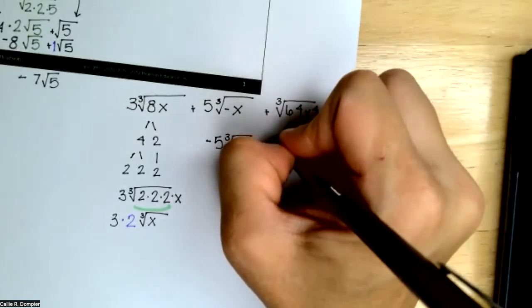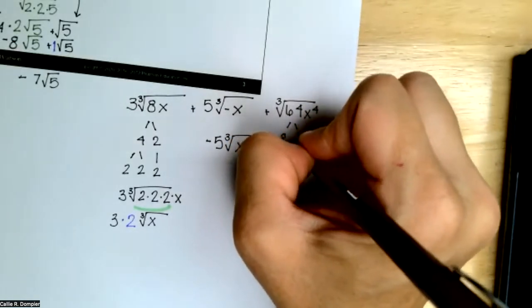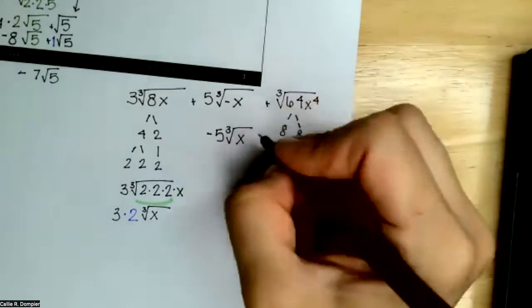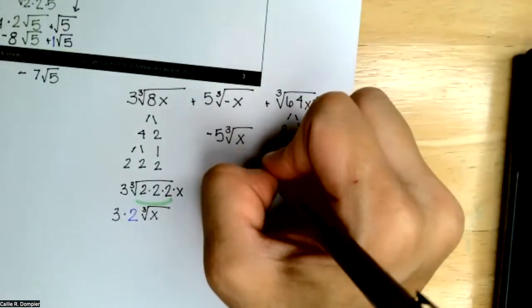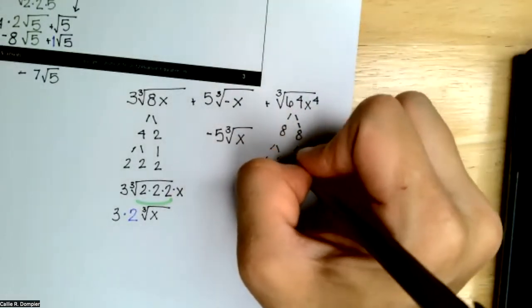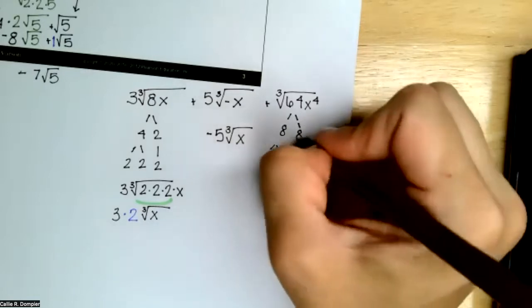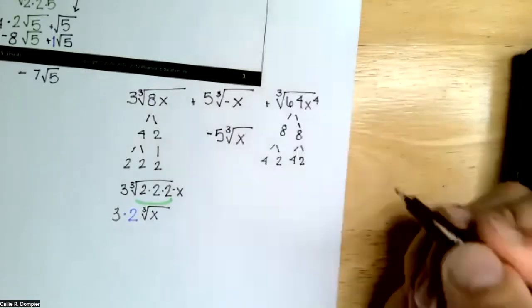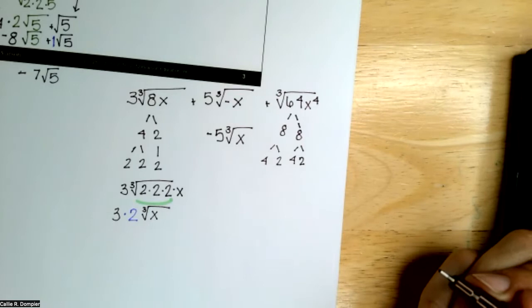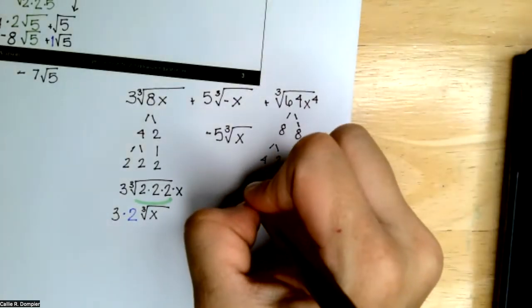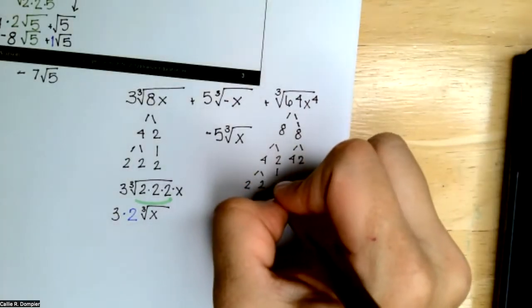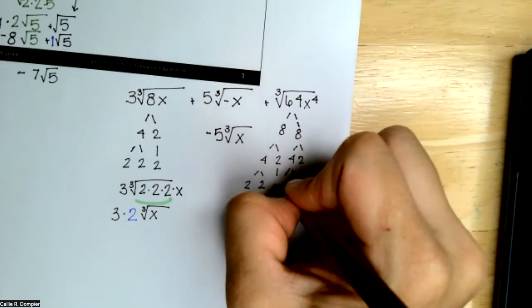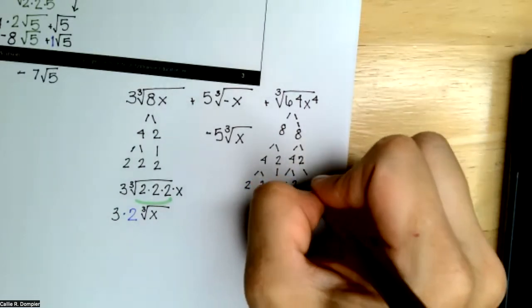You need to make a factor tree. 64 becomes 8 and 8. 8 becomes 4 and 2. So we can't take those two 8s because we need 3 because it's the third root. Good. But 4 becomes 2 and 2. This 2 comes down. This 4 also becomes 2 and 2.